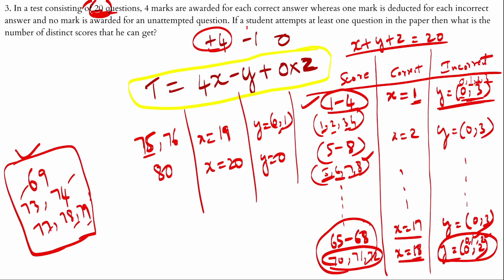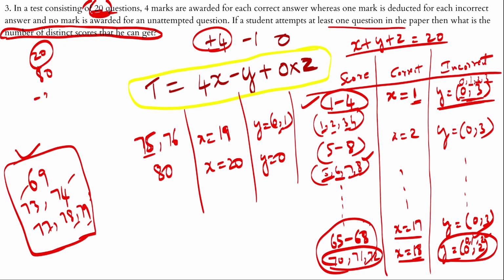But what is our question? If a student attempts at least one question in the paper, then what is the number of distinct scores that he can get? Okay, number of distinct scores. If he had attempted 20 questions, he would have got 80 marks as maximum. If he had attempted 20 wrong, then he would have got minus 20.